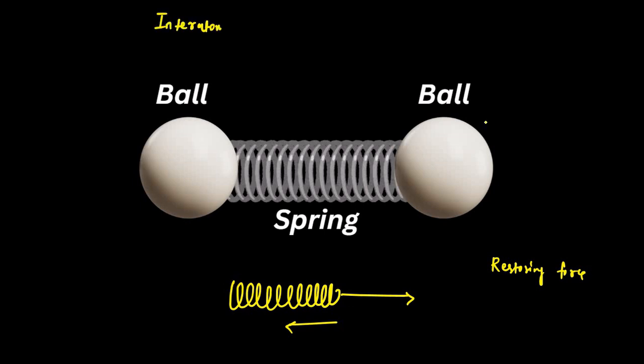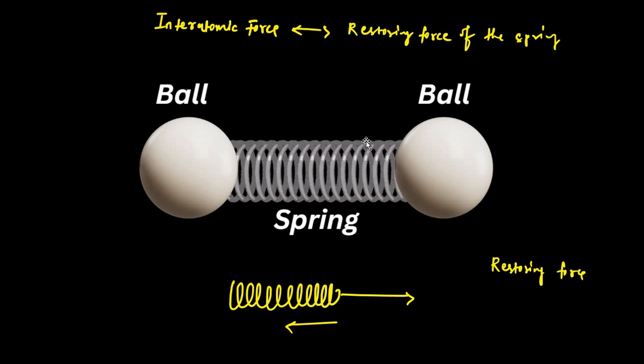The interatomic force is the same as the restoring force of the spring. Basically the interatomic force tries to restore the atoms back to their original position, and the same thing is done by the restoring force of the spring. So let us try to understand how it works.